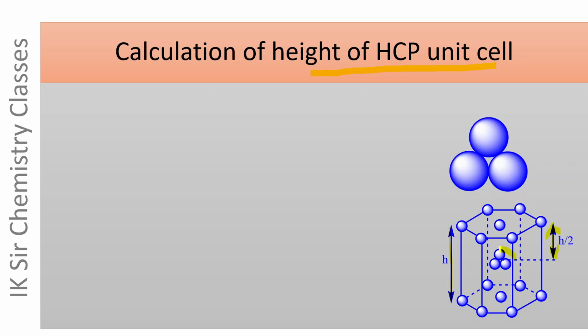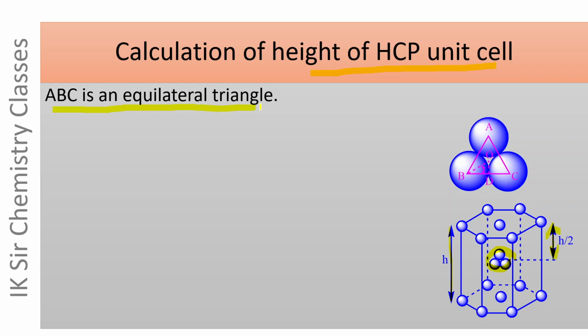These 3 particles present at the body center of the HCP unit cell touch each other, and on joining the centers of these 3 spheres, we get an equilateral triangle ABC, and O is the center of this equilateral triangle, which is joined to B, and a perpendicular from O is drawn on side BC, and it is nothing but OD.